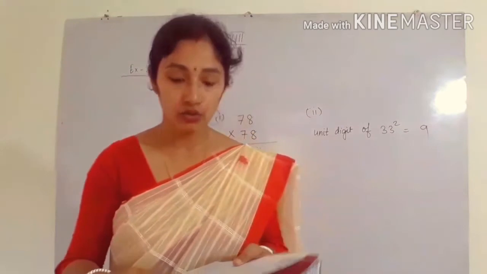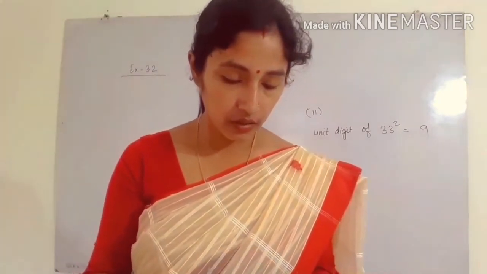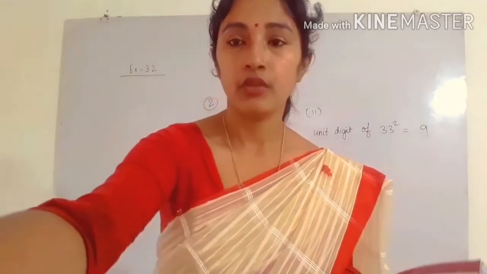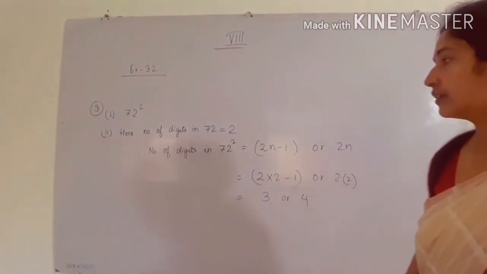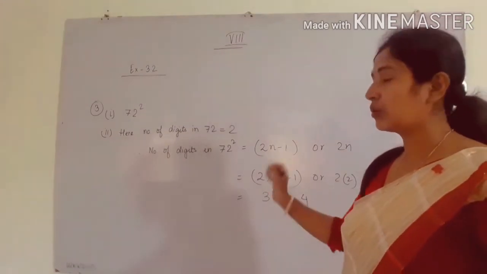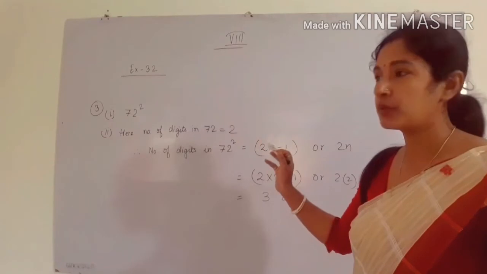Okay, I will do one question. So question number 3. Here the number of digits in 72 is equal to 2, as 7 and 2, there are 2 digits present.